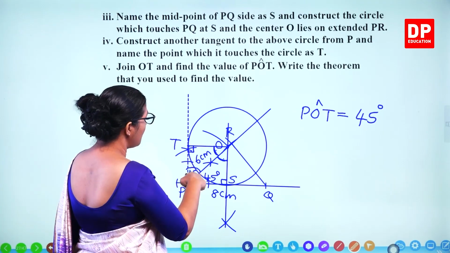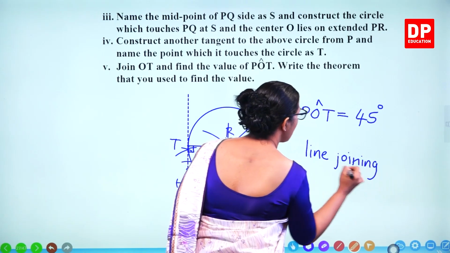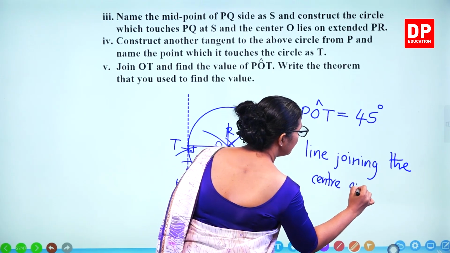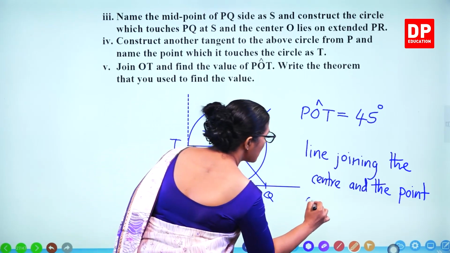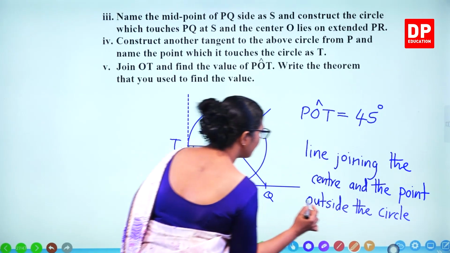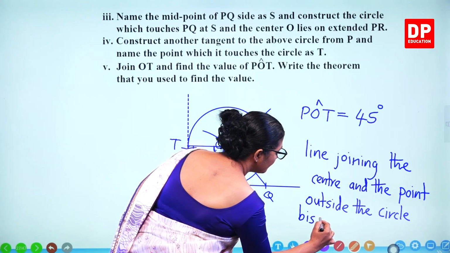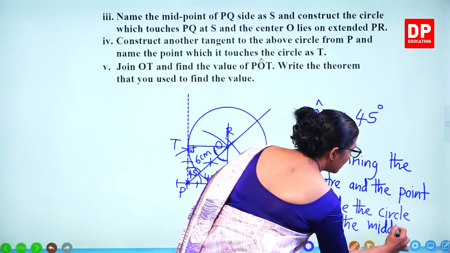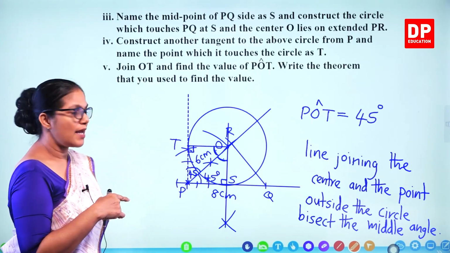So we'll write down: the line joining the center and the point outside the circle bisects the middle angle because of the two tangents.